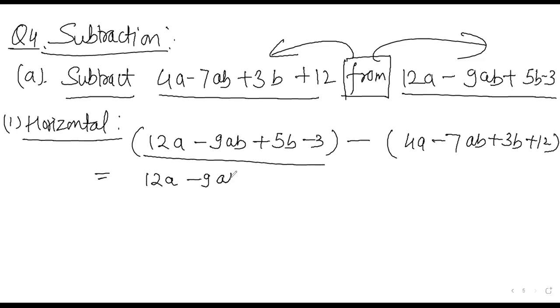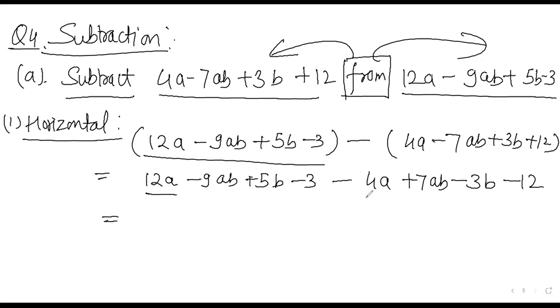Keep it the same. You have to keep this as it is, and when you open the other bracket the sign will change, because outside the bracket there is a minus sign, so the signs of the inside terms will change. So plus 7ab minus 3b minus 12.